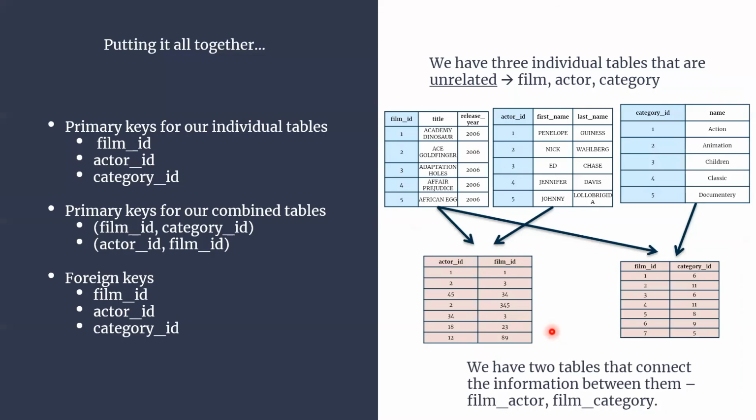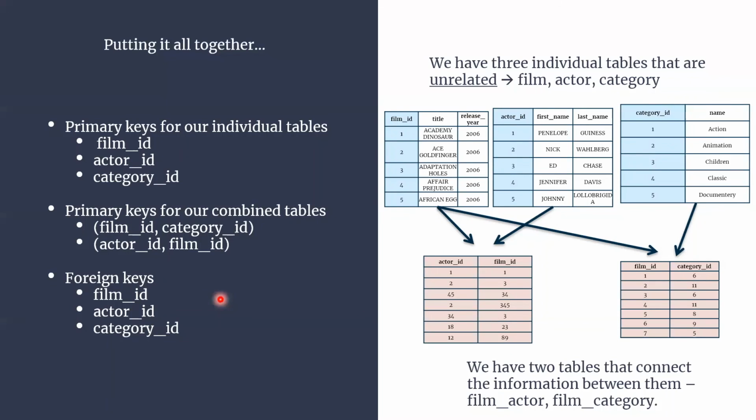And our foreign keys are the film ID here, which comes from the film table, the actor ID here, which comes from the actor table, and the category ID, which references the category table. So there are multiple keys at work here. There's the primary keys for our individual tables listed here. There's the primary keys for our combined tables, and there's the foreign keys.